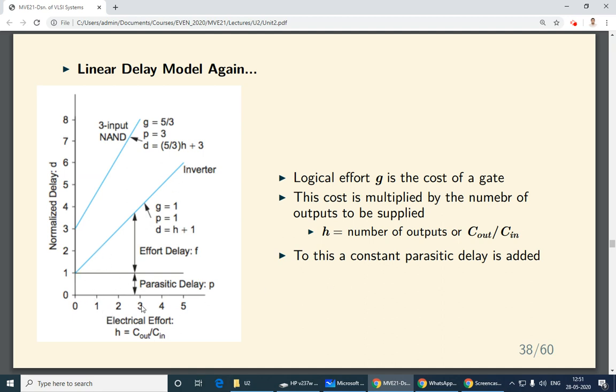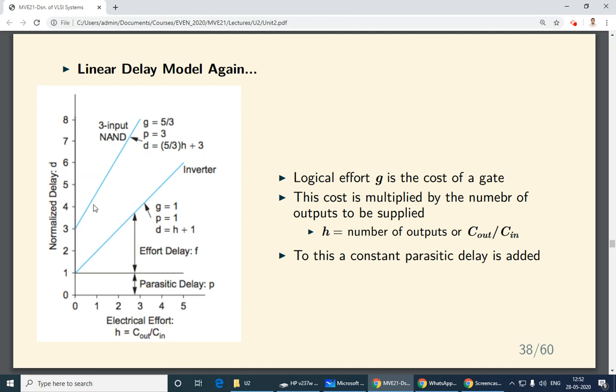The x-axis is H, the y-axis is the delay D. When H equals 0, that is when no outputs are connected, the delay D is only due to P. And as you keep increasing H, the delay also increases. This is an inverter. Slope is 1 because G equals 1. This is a 3 input NAND gate. The logical effort is 5 by 3.